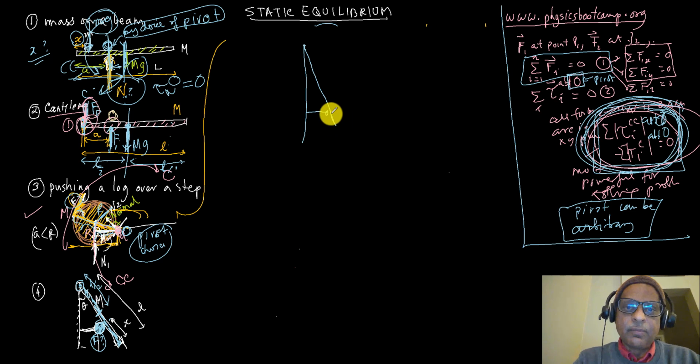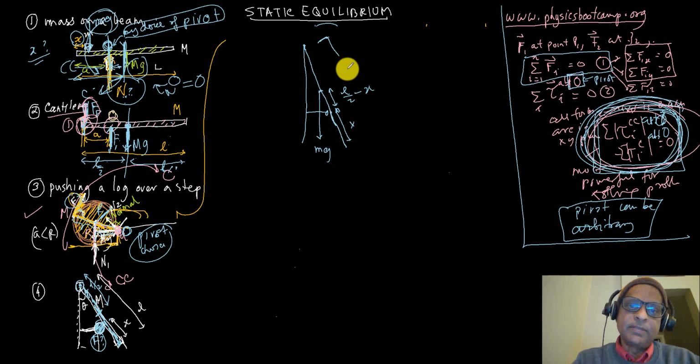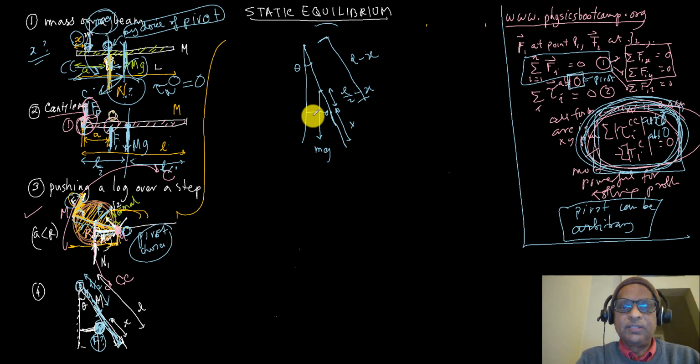And this is just x, and this is L over 2 minus x, mg, and this distance from here to here is L minus x, and this is theta. So you can see this distance over here will be L minus x sine theta. All right.